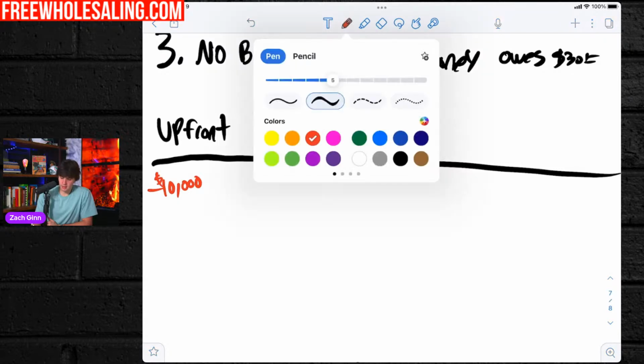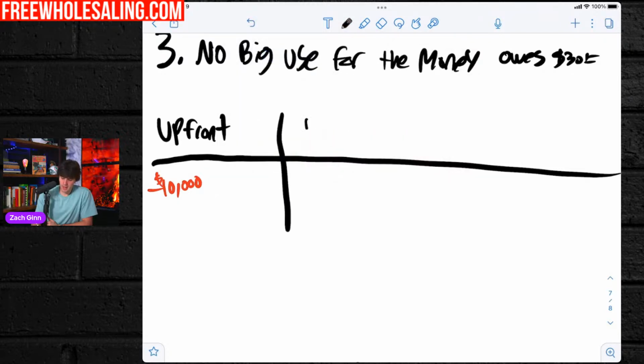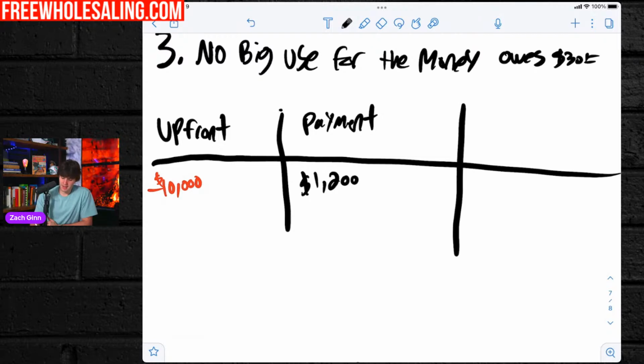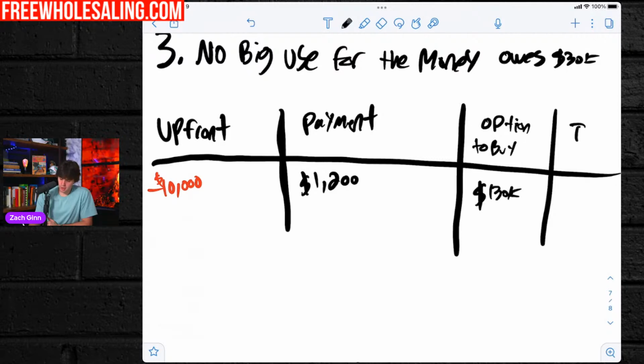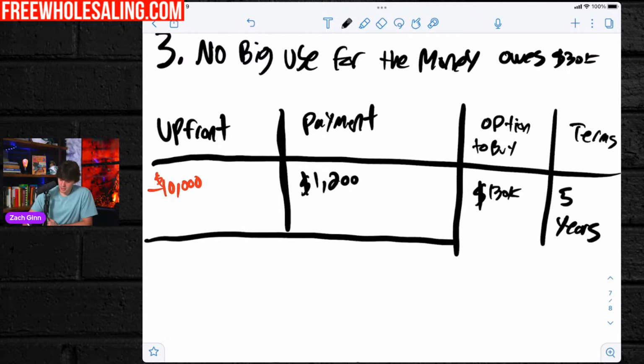And then I agree to pay him $1,200 a month. And then at the end of it, the option to buy price, I agree to buy it for $130K. And then terms: I do this for 5 years. All right, that is what it is.